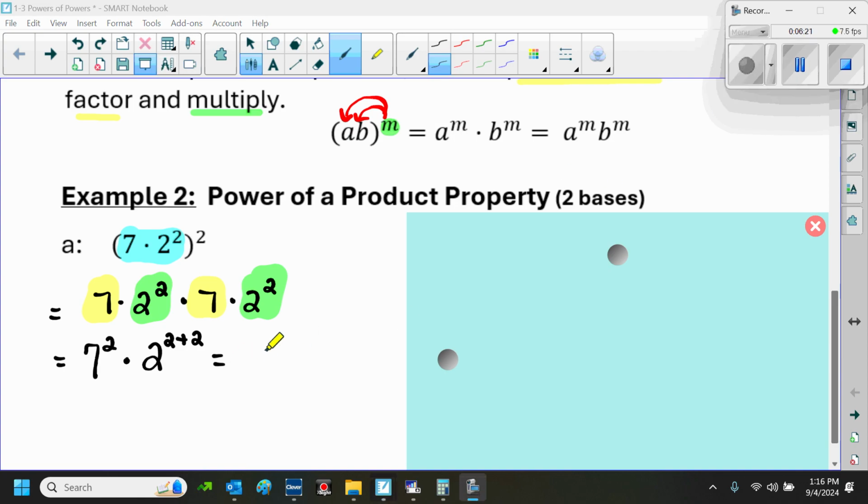So here we've got 7 squared times 2 to the 4th. Okay? Does everybody see that here we took this 2 and we applied it to everything inside? So that's going to be 7 squared. That's this one. And then we've got the 2 squared raised to the second power.